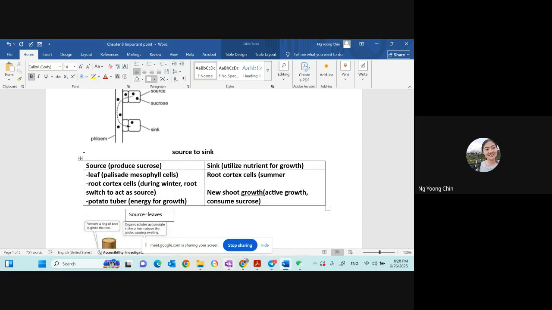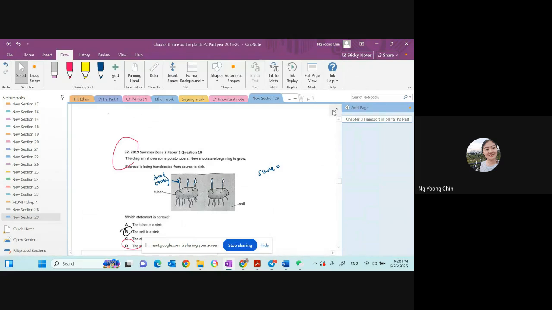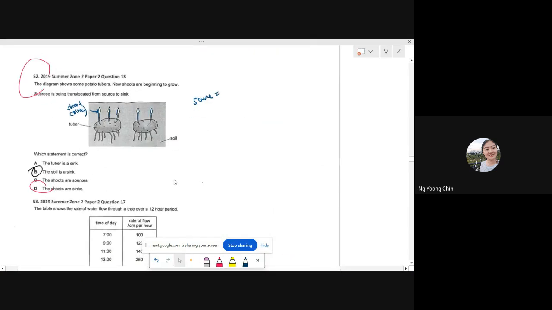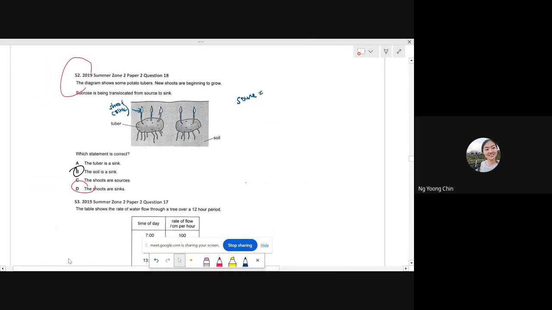Okay, so for this one, you can see the shoot is the sink. Why? Because a sink means the place which uses up the nutrients. The tuber itself is classified as a source because it stores the nutrients.